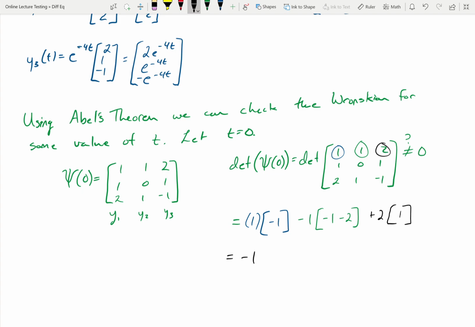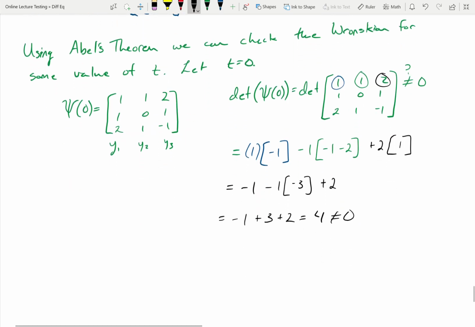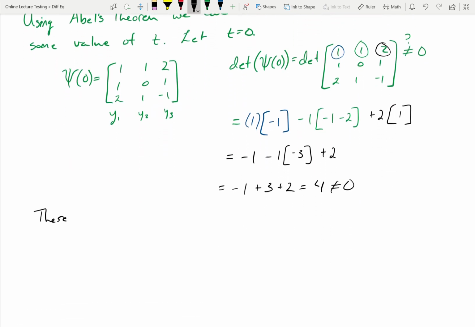And so we're going to get negative 1 minus 1 times negative 3 plus 2. So here I'm going to get negative 1 plus 3 plus 2. So we're going to get positive 4, which is not equal to 0. Therefore, y1, y2, y3 forms a fundamental set. And we're done.